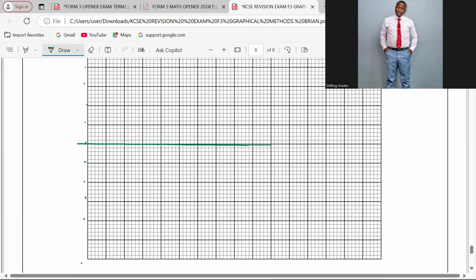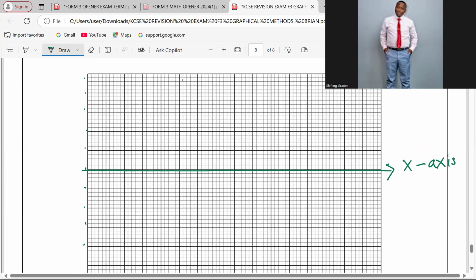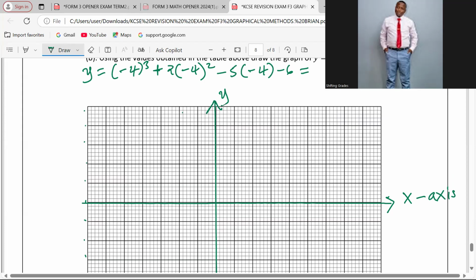Then on the x-axis, allow me to use intervals of 1. This is the x-axis. Now we can also talk of the y-axis at this point. From 0, we can talk about 5, 10, 15, 20, 25.